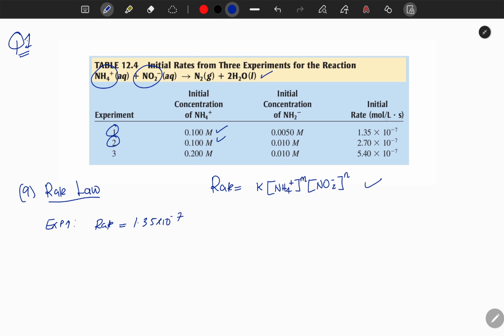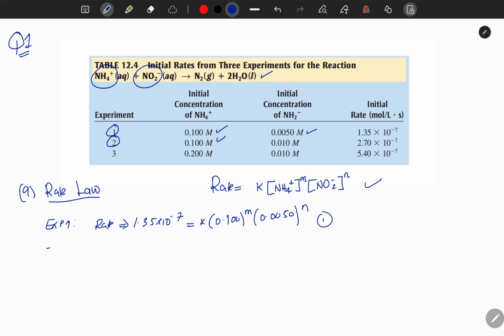I'll leave the units, is equal to k, and the concentration of this one is 0.100 to the power m. And the concentration of this one is 0.0050 to the power n. We keep it.